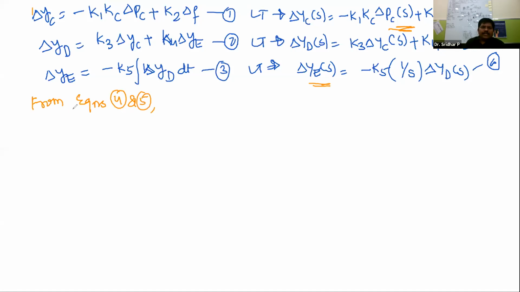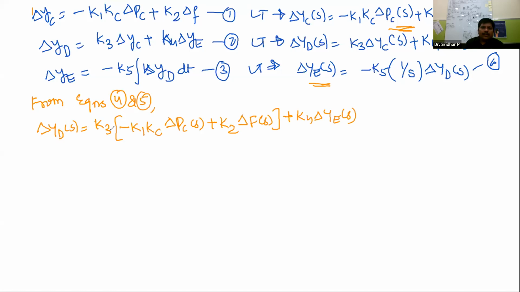Except these, the remaining ones are nothing but the intermediate variables. So what I am doing is, from equations 4 and 5, I am taking equation number 5, that is delta yd of s equals k3 into delta yc of s. From the previous equation, that is minus k1 kc delta pc of s plus k2 into delta f of s, plus k4 into delta ye of s.